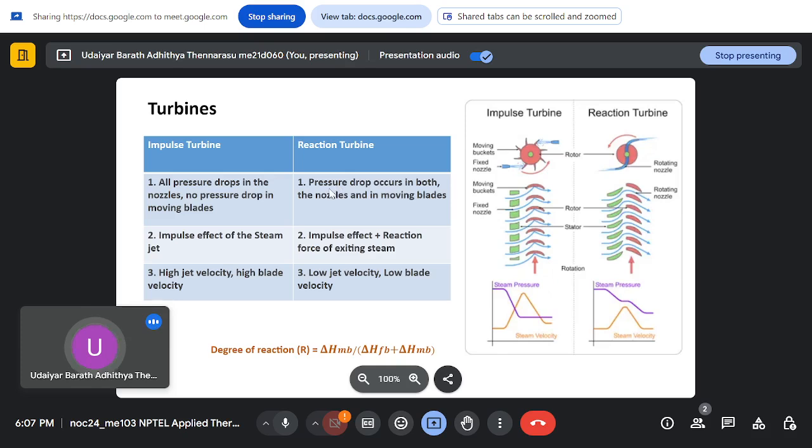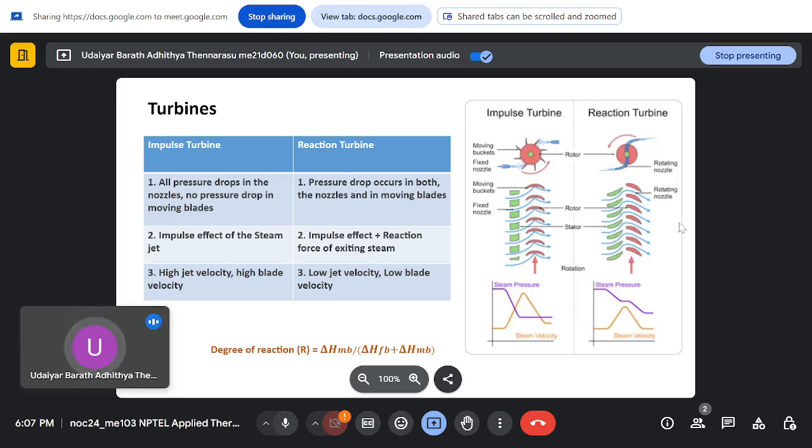But in a reaction turbine, pressure drop occurs both in the nozzle as well as in the moving blades. One more difference is that the impulse turbine has a bucket kind of blade, or a concave surface kind of blade, but in a reaction turbine you have a shape similar to an aerofoil.